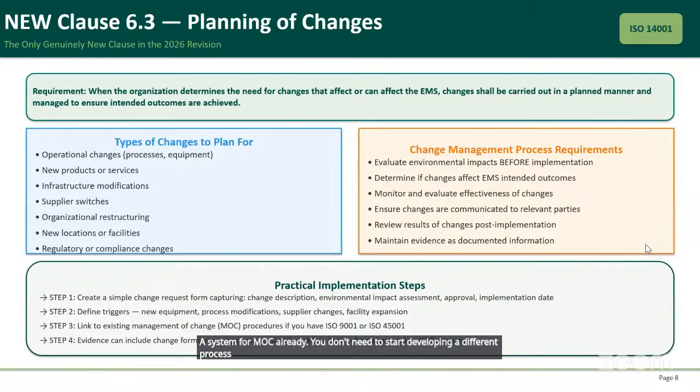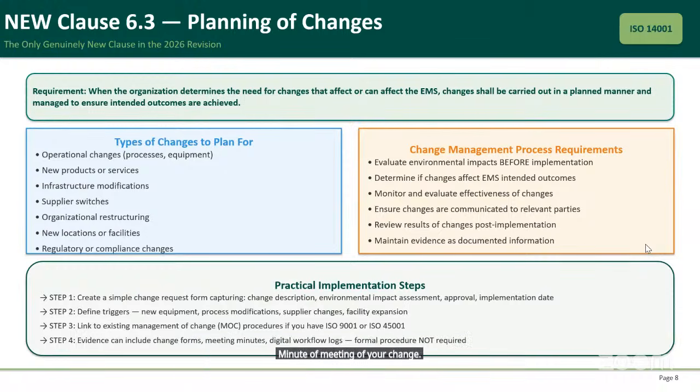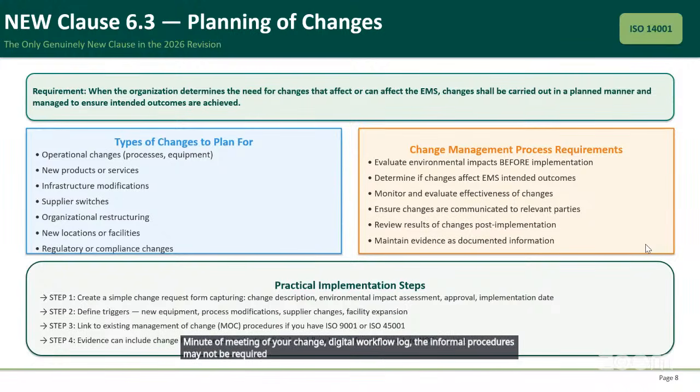Just integrate what you have already in your organization into the environmental management system. As simple as that. The evidence can include your change forms, minutes of meetings on your changes, and digital workflow logs. Formal procedures might not be required. Once you already have a procedure for management of change based on other standards, you just need to integrate it into the environmental management system.